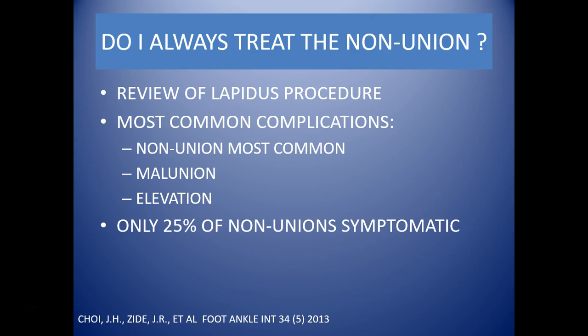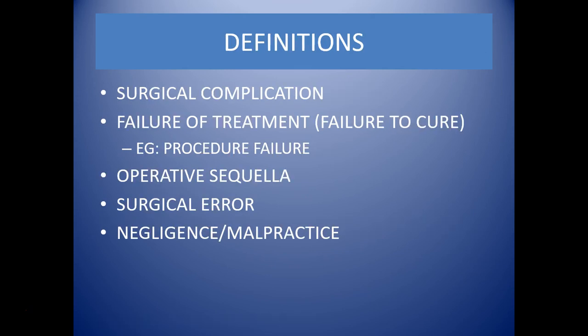So the patient may have some slight swelling, they may have some slight discomfort, but oftentimes the non-unions following a Lapidus procedure really are minimally symptomatic. Similarly, first MPJ fusions, the literature shows that the majority of first MPJ non-unions may be radiographically present but are minimally symptomatic to the patient.